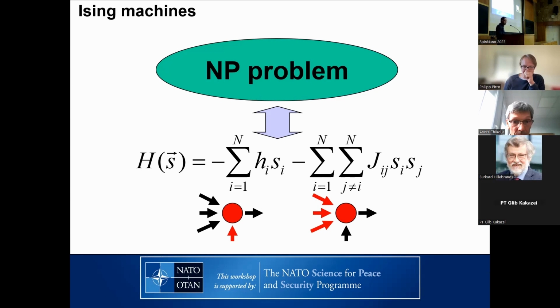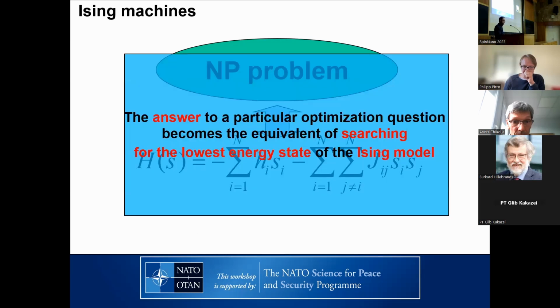At the bottom of the screen, if you're familiar with neural networks, the first term reminds you of the offset of a neuron, and the second term reminds you of the sum of the inputs into one neuron. So basically, the answer to a particular optimization question becomes the equivalent of searching for the lowest energy state of the Ising Hamiltonian. This is the key idea that lies in so-called Ising machines.